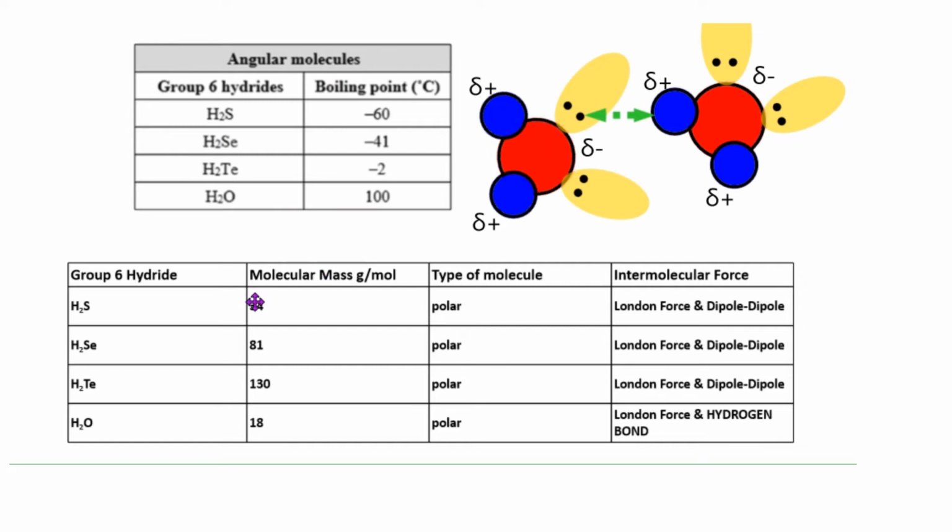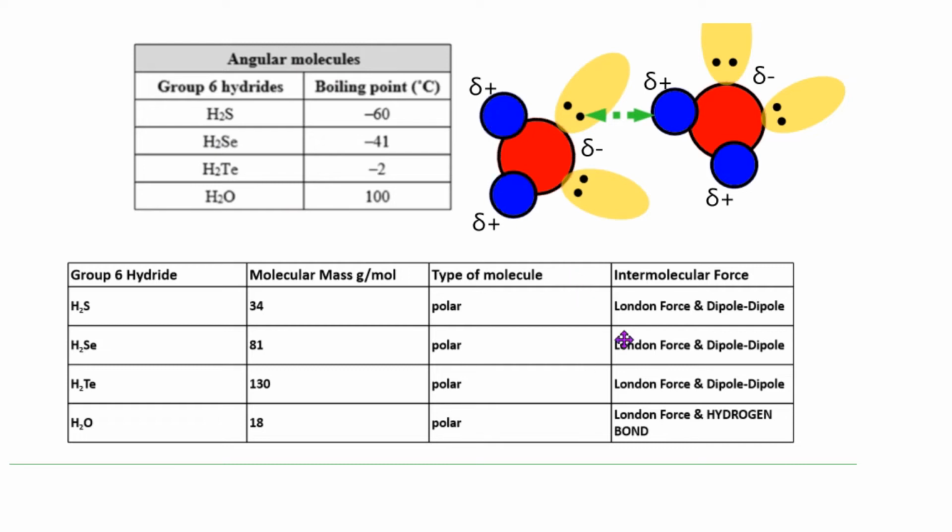Now, if we look at each of the molecules and their molecular mass, you can see as we go from H2S, it's 34, to H2Se, it's 81, H2Te, it's 130. They're all polar angular molecules. Angular because of these lone pairs that repel those shared electrons to make it angular.